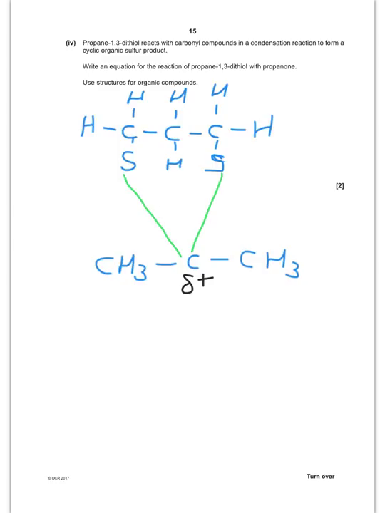Now it doesn't look pretty, I admit, but it's right, so it should get you the marks, and let's just get rid of that delta plus there as well. And obviously they want the equation, so your other product is going to be plus H2O. So you need to draw this out properly as an equation, but you get the point.